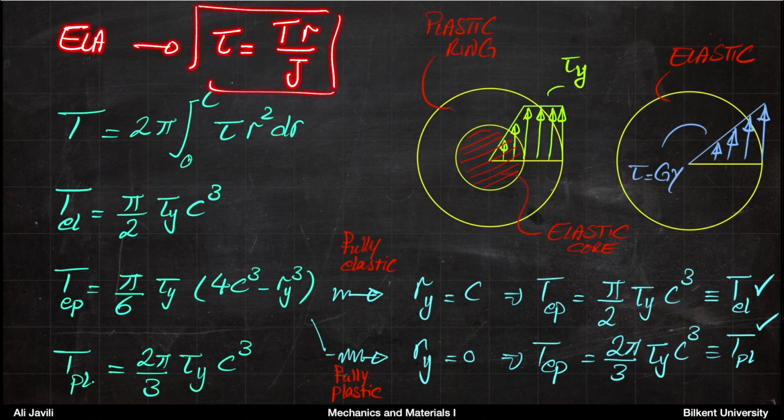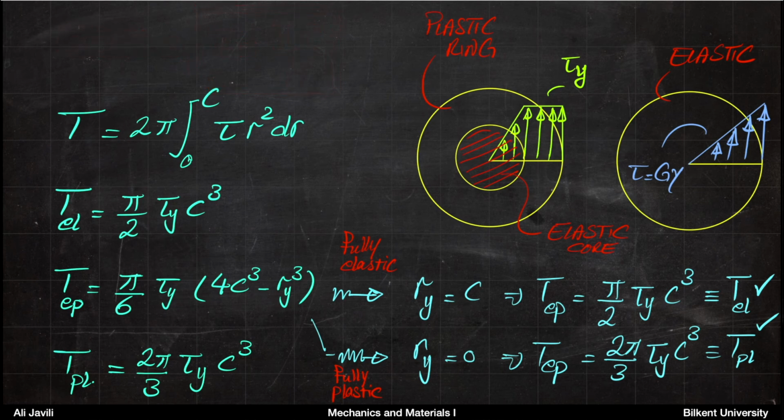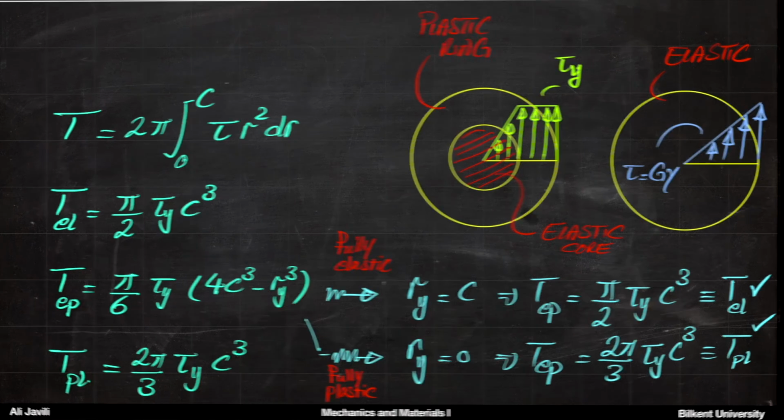So for fully elastic, the relation between stress distribution and torque is much easier than the inelastic one, but for the inelastic case, it is not impossible to find the relation, as we had just seen. So what we want to do next is to look into an exercise together to better understand this.